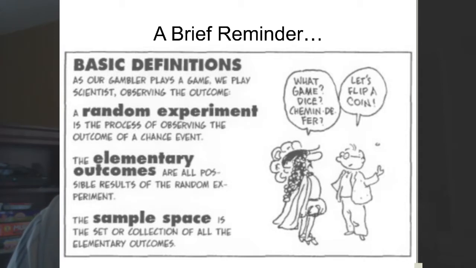This is our observation of any outcome of a chance event. And the two definitions you always need to keep in mind are what are the elementary outcomes and what is the sample space. So, an elementary outcome is just all the possible results of any given experiment or trial, and the sample space is the collection of all of the elementary outcomes.